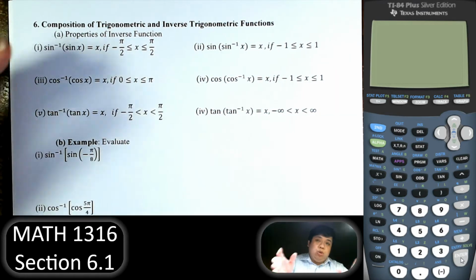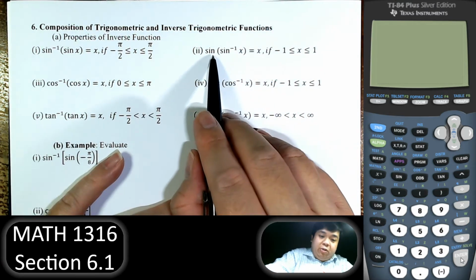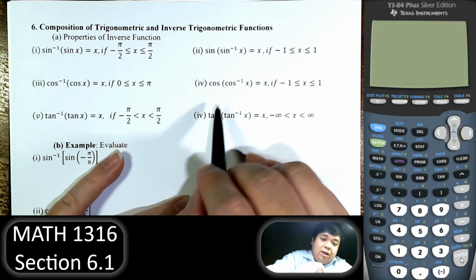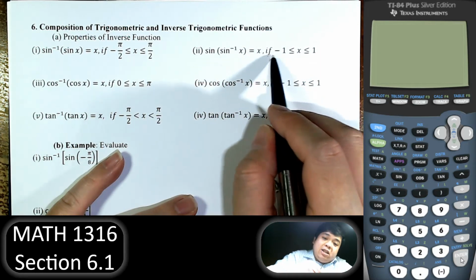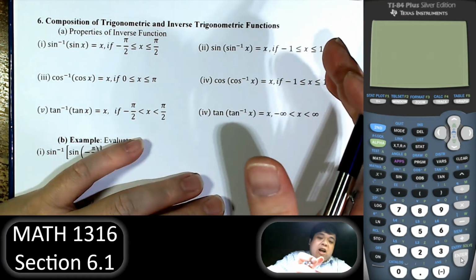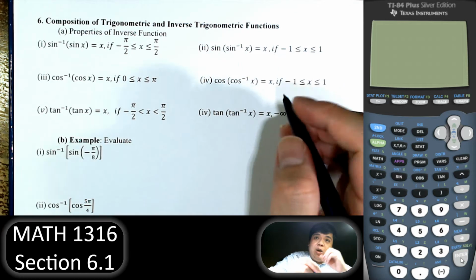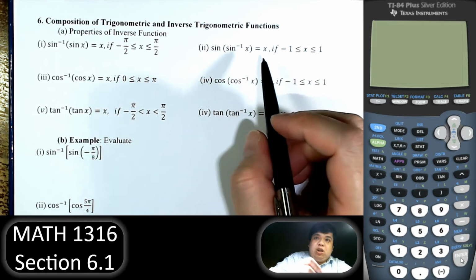It's not equal to the inverse and will not cancel the function. The sine cancels the inverse if x is between -1 and 1. So again, it has to satisfy the domain for it to cancel out. If it's not, it's not equal.